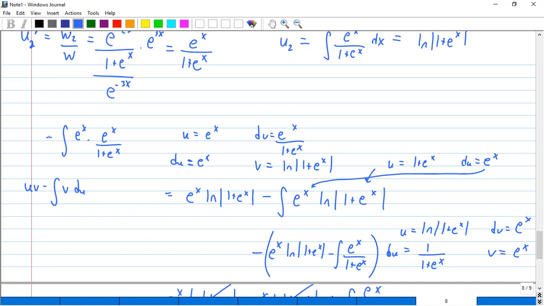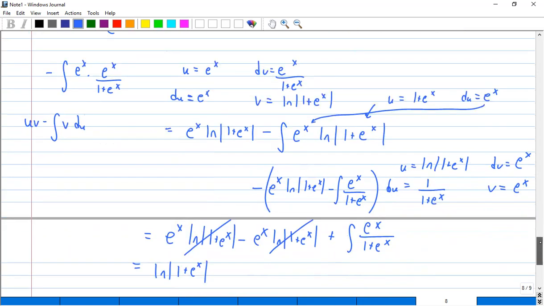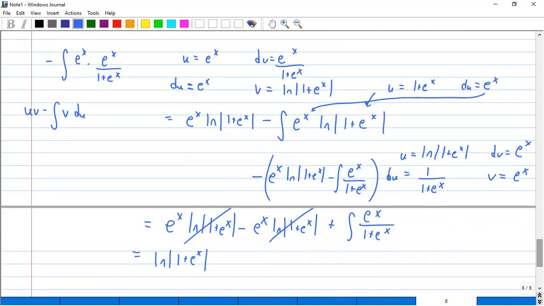Right here. Which would make that a minus, make that a plus, so that really wouldn't make that much of a difference though.